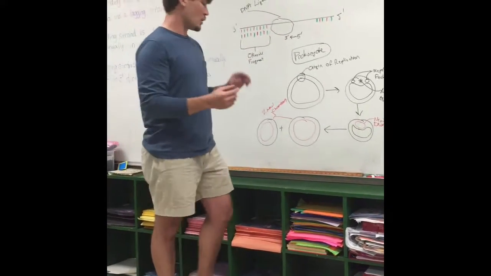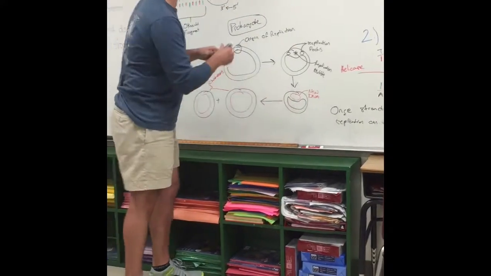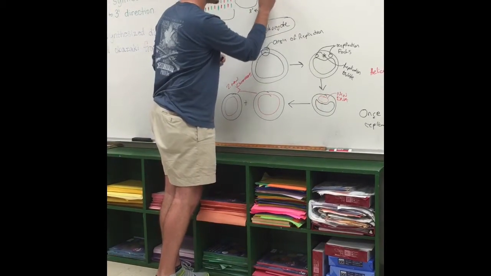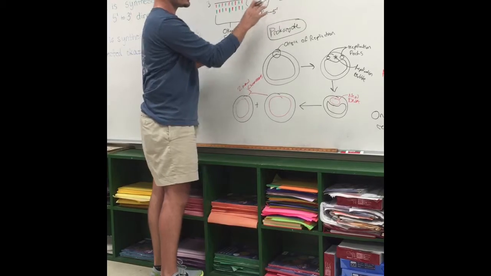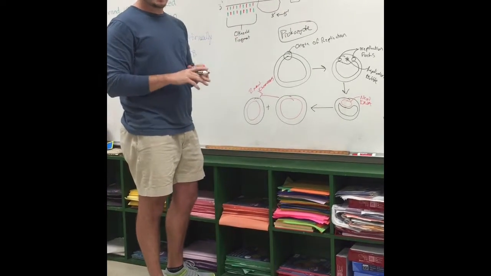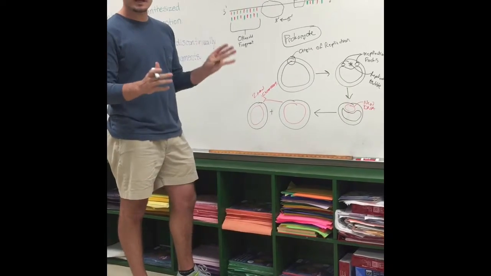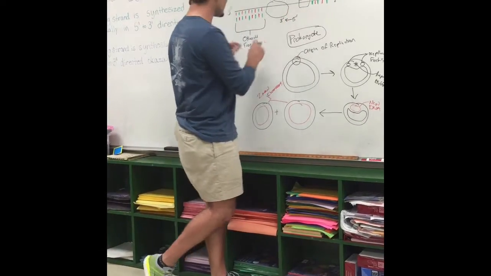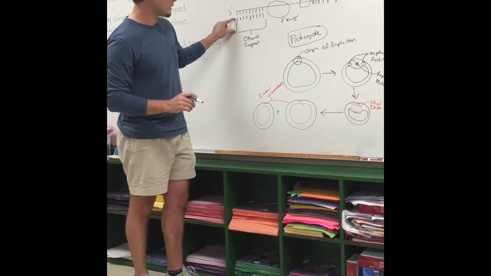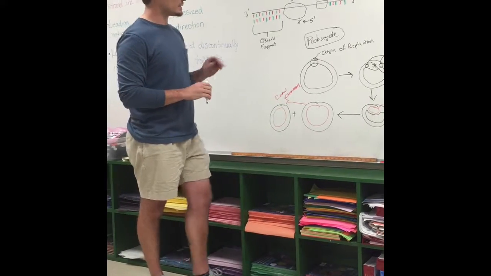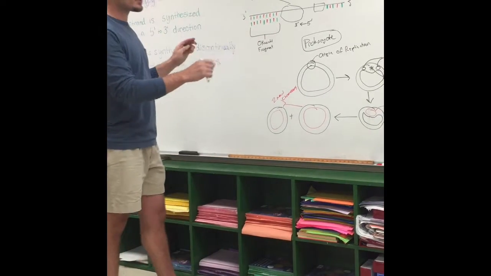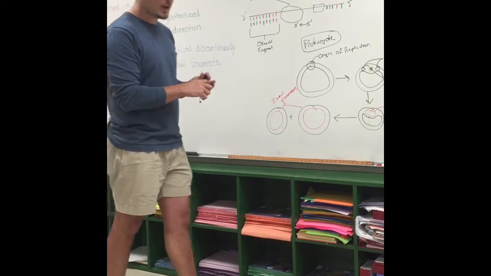But then you're left with small little sections, like right in here, that are just open and there are no base pairs in here. So then you have Okazaki fragments, which are already pre-coded, and they come in here and fill this void, like right here. So that is DNA replication in a eukaryotic cell.